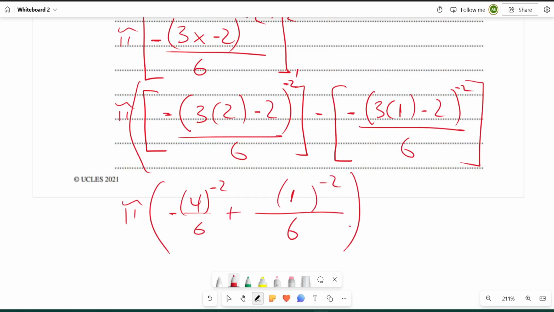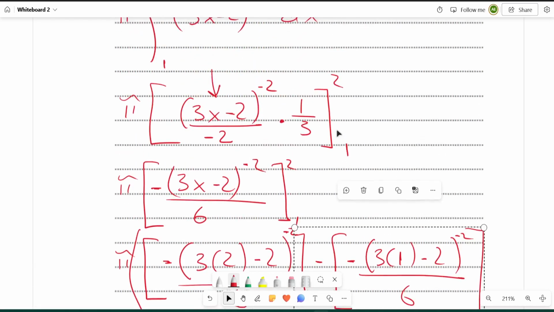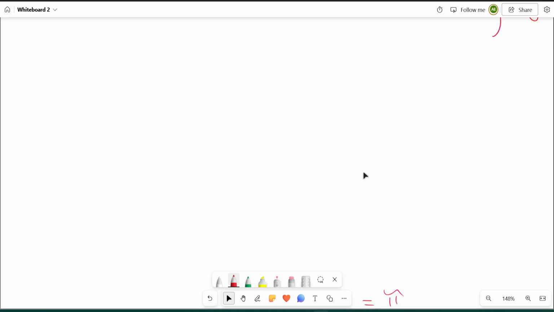Yes, so evaluating this in the calculator is going to give us pi into 5 over 32, or basically 5 pi over 32, and that is going to be the final answer to this question over here. Okay, now let's continue.